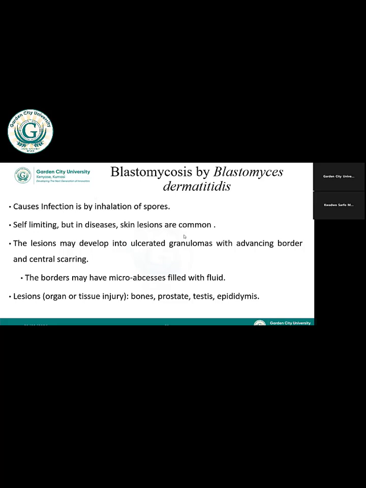And sometimes they can cause ulcers and advance and cause central scarring of the body. They can eat deep into the skin or the organs if they are not managed properly.